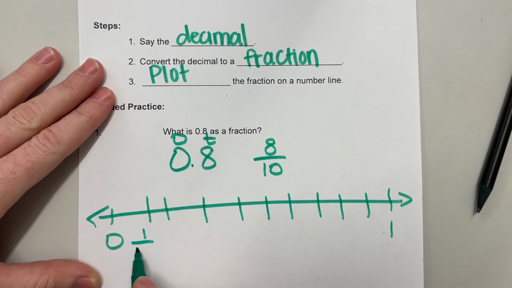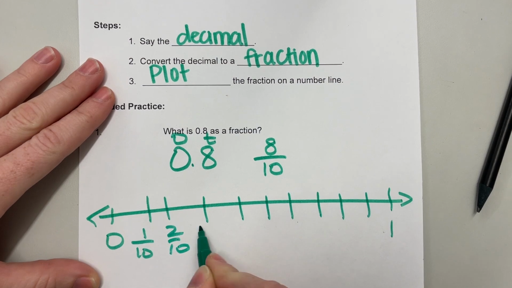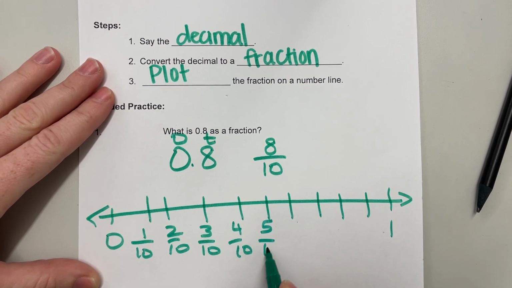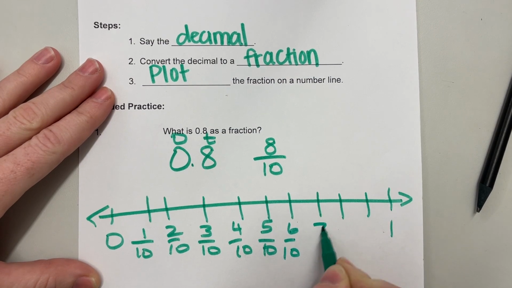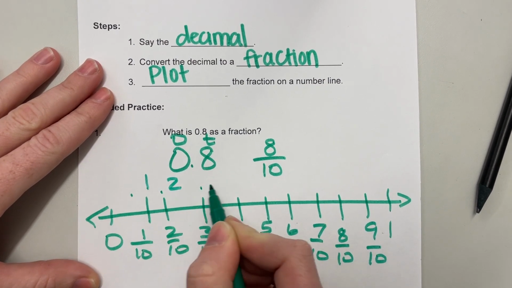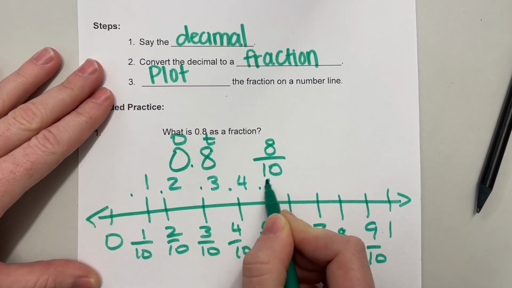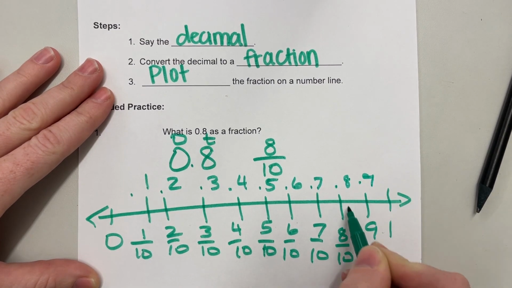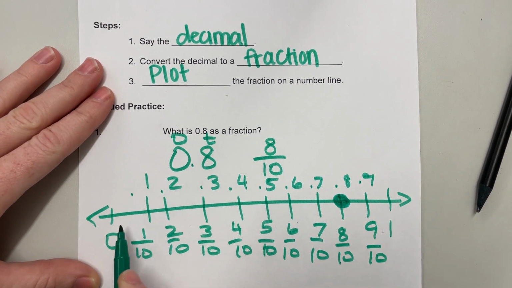So 1/10, 2/10, 3/10, 4/10, 5/10, 6/10, 7/10, 8/10, 9/10. Right here is my spot. We're going to shade all of this in.